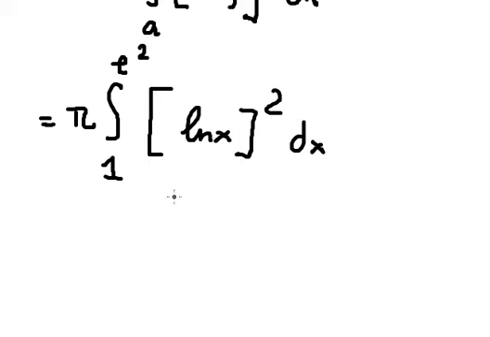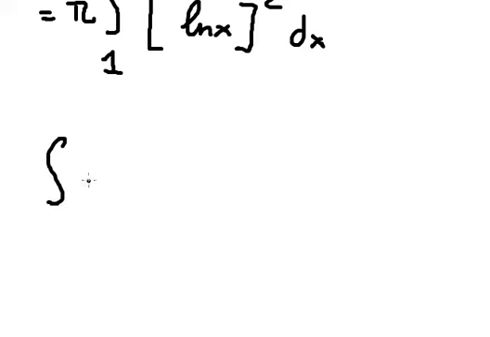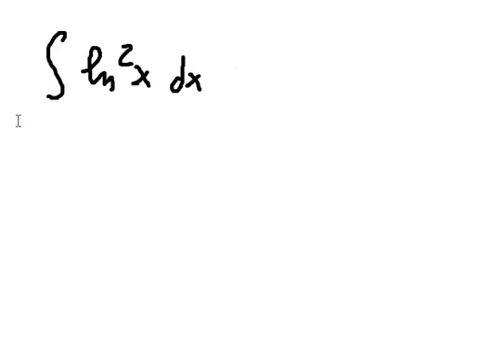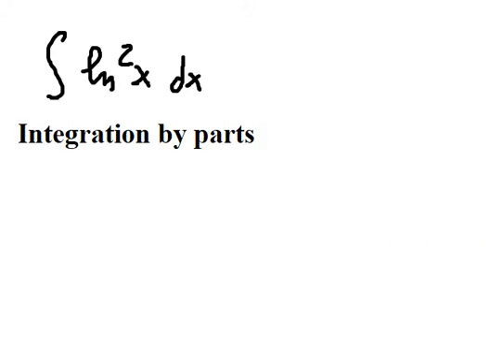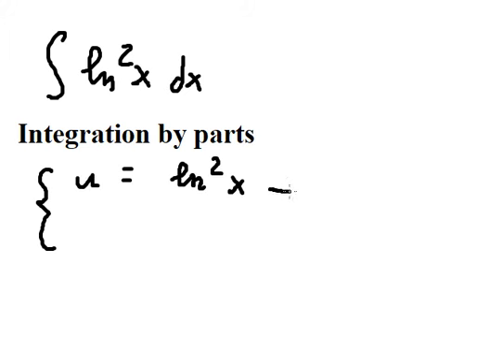Now, I will show you the technique for finding the integration of ln x to the power of 2. So we just concentrate on this one only. We need to use integration by parts. So I will put u equals ln x to the power of 2.